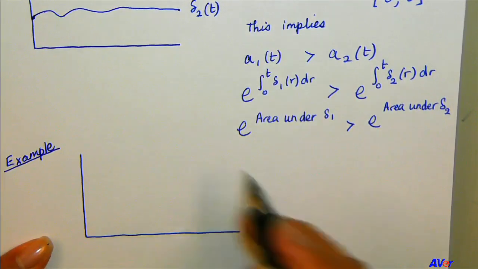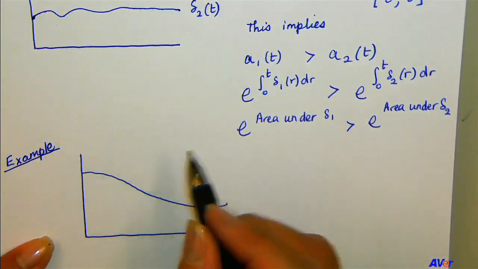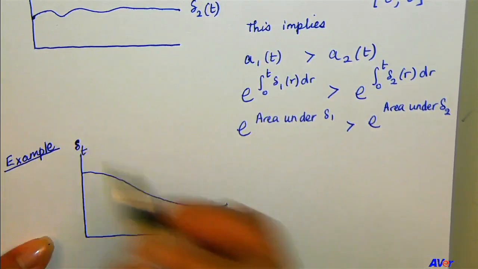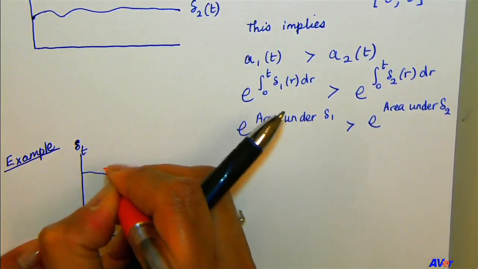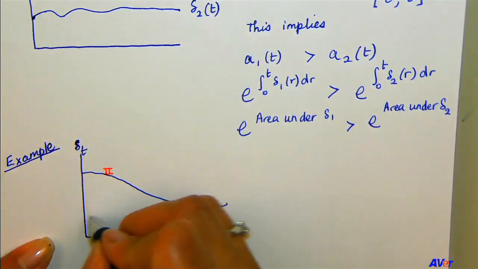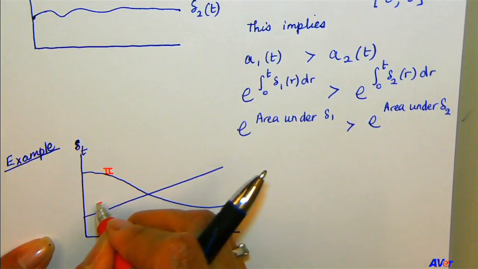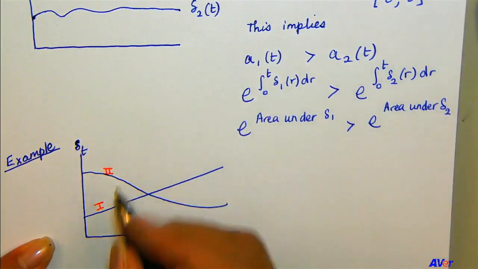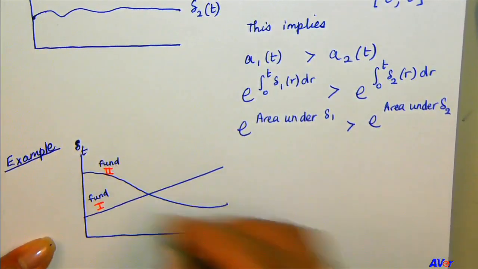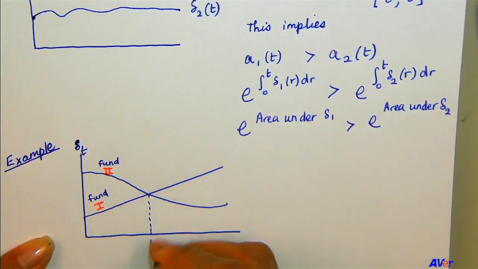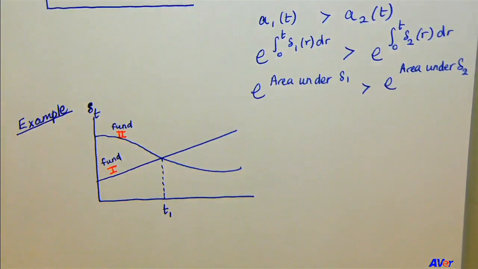Have these two delta functions and they look like this. This is delta of t for fund 2. Let me label that fund 2. And this is delta of t for fund 1. And they happen to meet at T1. They cross at T1.